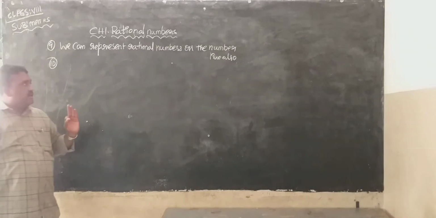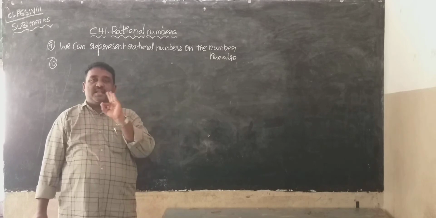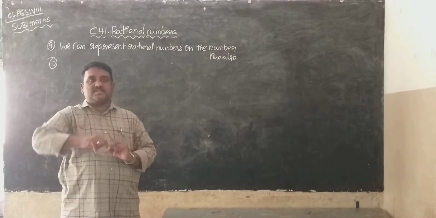Okay? Then there are two methods to find rational numbers between any two rational numbers.